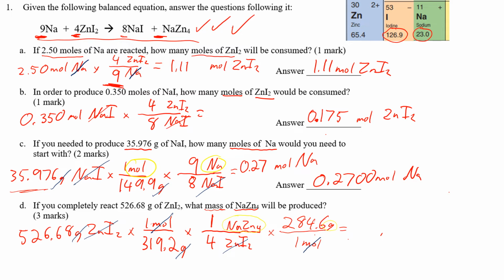Okay, and I get 117.3975 grams of NaZN4.